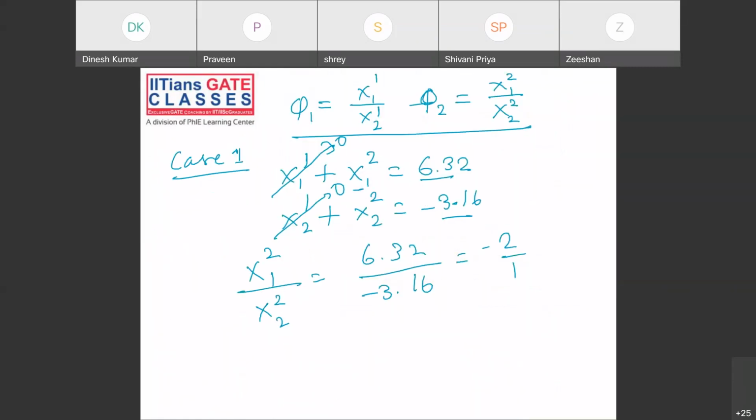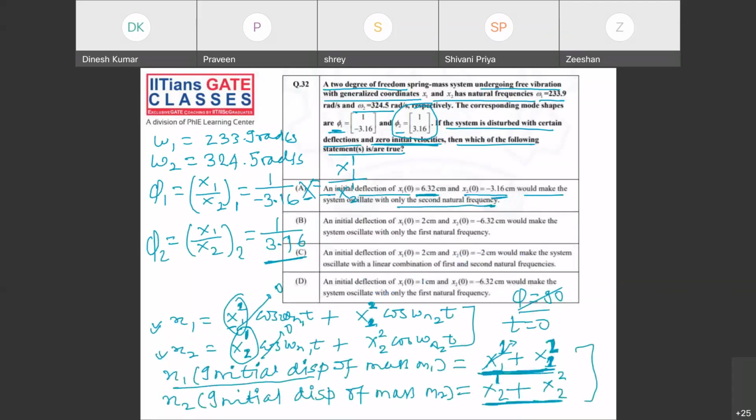Okay, so in case 2, what is happening? If you read what is given, an initial displacement for mass 1 is 2 centimeter, and for mass 2 it is minus 6.32, and they mention this will make the system oscillate with first natural frequency. It oscillates only with first natural frequency means what? This will be 0, this will be 0.